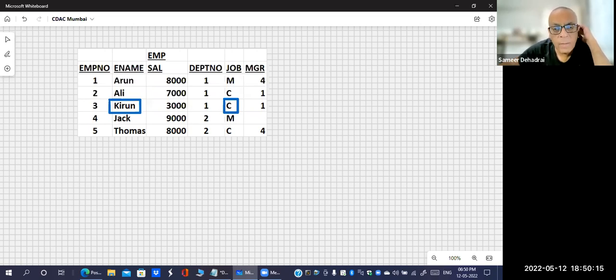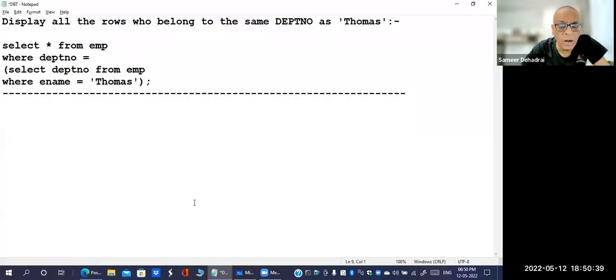So how will you solve it? First, you find out what is the job of Kiran. Once you have found out what is the job of Kiran, then we can find which all rows are there where job equal to that value. Solving it the traditional way, first I will find out the job of Kiran.